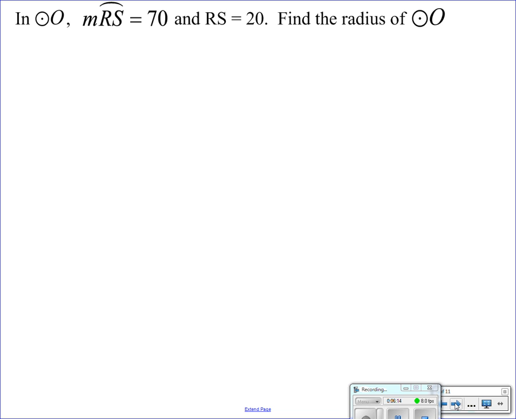In circle O, the measure of arc RS is equal to 70 degrees, but now chord RS is equal to 20. We need to find the radius of circle O. So in our circle, we have circle O. We have RS.